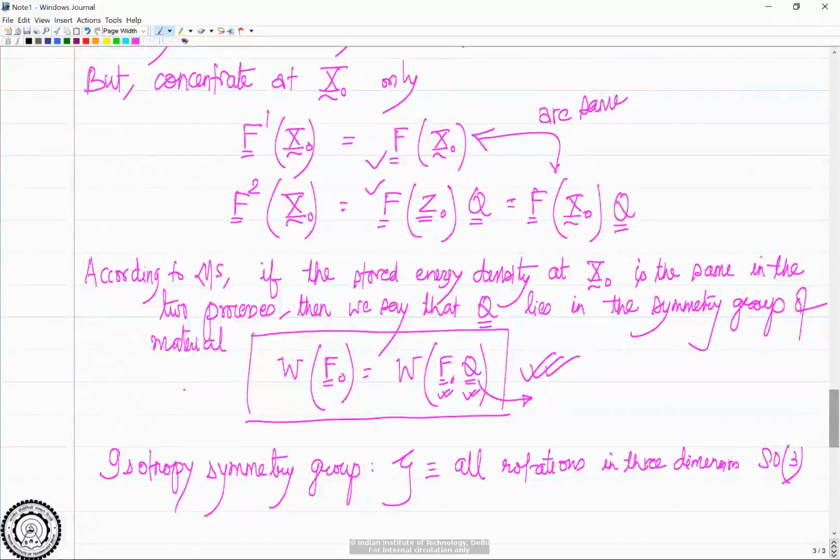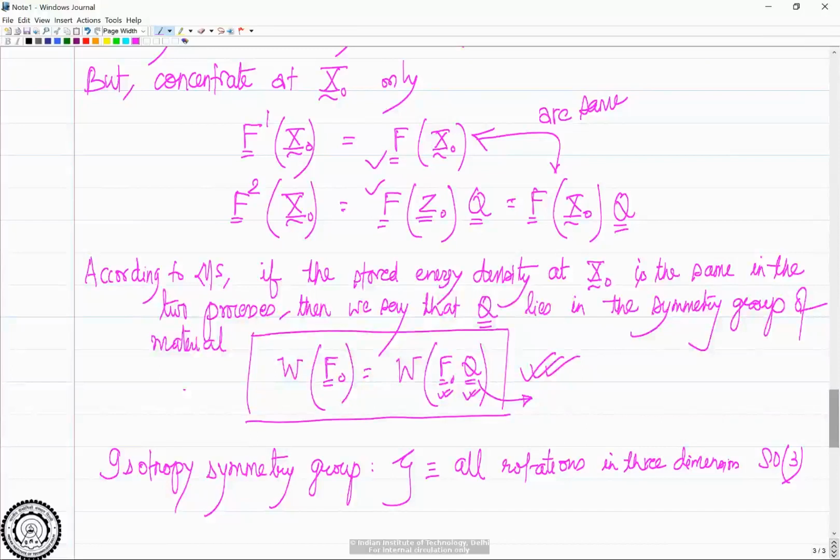But this was all theoretical. If you could somehow measure energy stored, then you measure the energy stored in the two cases, and it will be the same. And if it turns out to be the same, that means the Q is in the symmetry group of the material. If both are not the same, then Q is not in the symmetry group, and the material will be anisotropic.